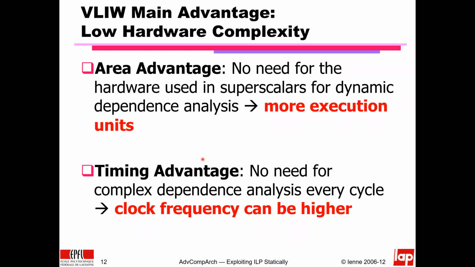And the second is to get a timing advantage, because that part of the processor most likely constitutes my critical path. So if I remove that logic and I keep the functional units, I go back to a better place where I can get a higher clock frequency or shorter latencies and so on and so forth.